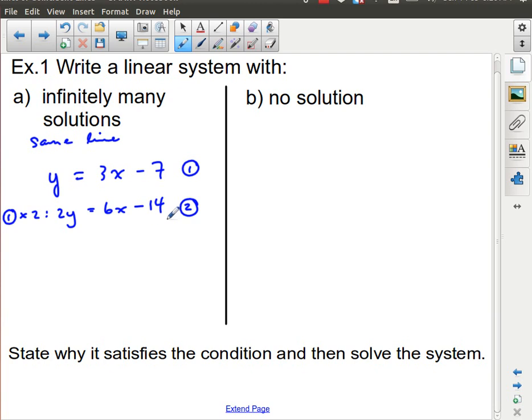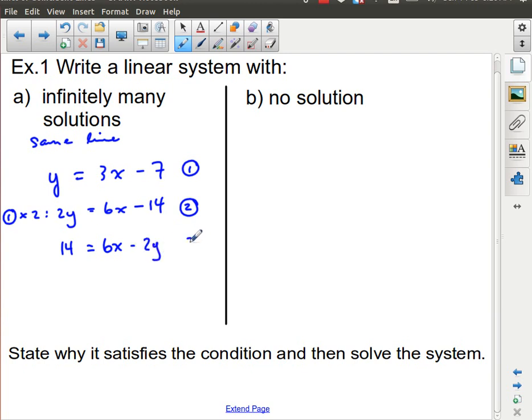If I want to make things a little bit more confusing, if I'm trying to trick someone, then maybe I'll also rearrange this and make it look a little bit different. So maybe I will bring the negative 14 over to the left side, turn it into positive 14. I'll leave the 6x where it is, and I'll take the positive 2y and bring it over to the other side and make it negative 2y.